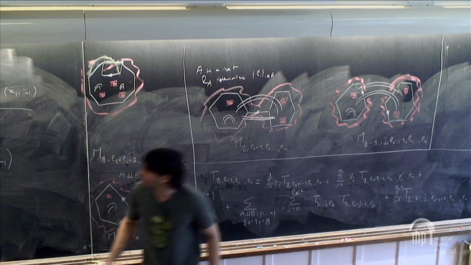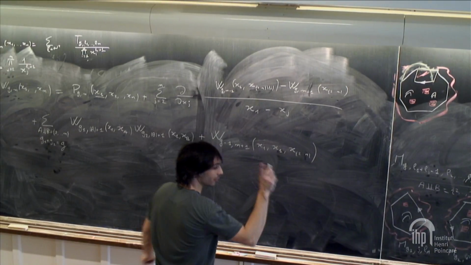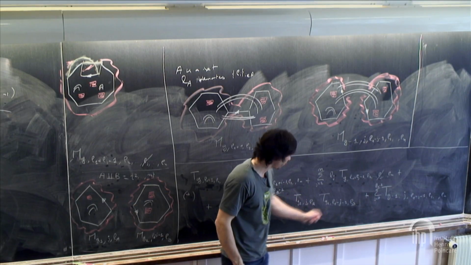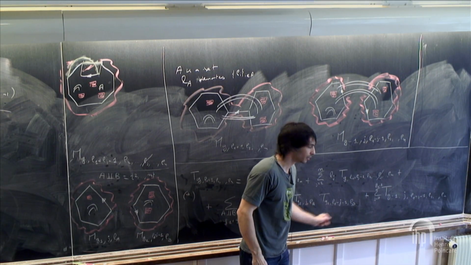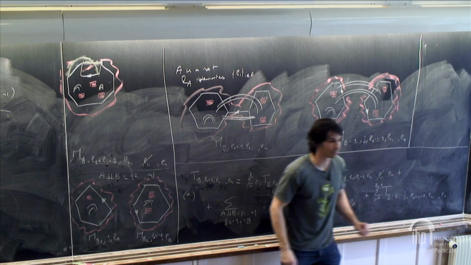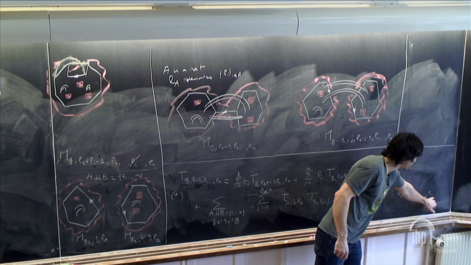Sorry? x1 appears twice. Yeah. Look, here it appeared twice already in the product, because you had this j and L1 minus j minus 1. And here it's exactly the same. So you've got x2 to xn.